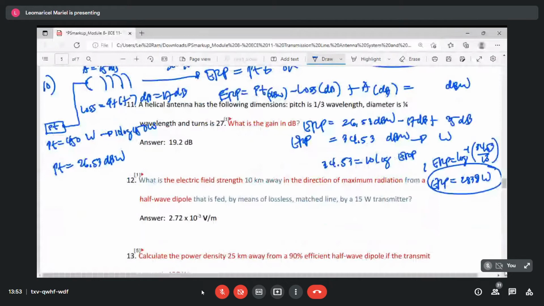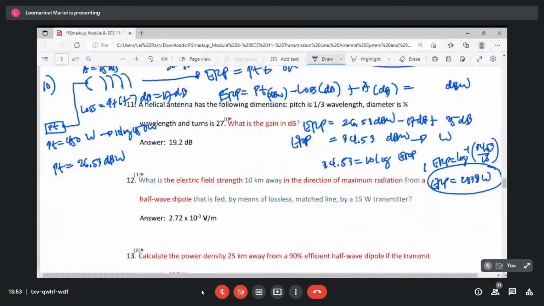So, 17 minus 25. Ilan? Negative 8 dB. O, convert mo yan sa unitless. So, gain unitless will be inverse log of negative 0.8, kasi 8 over 10 yan.